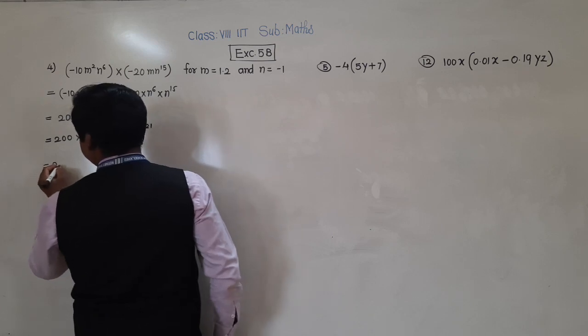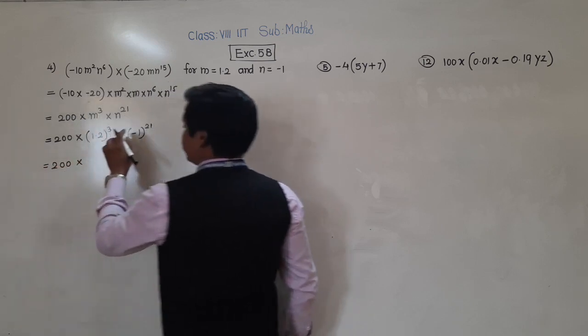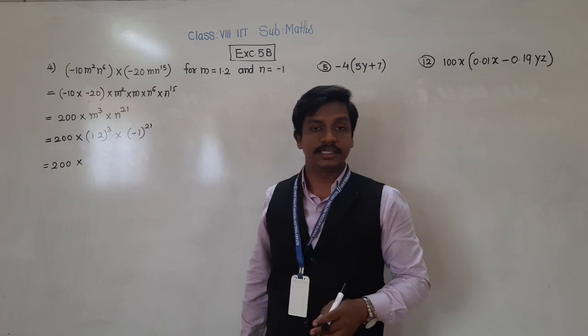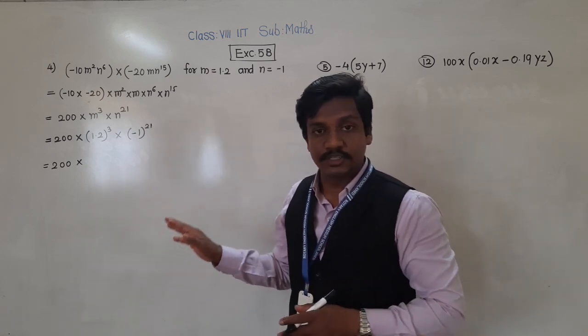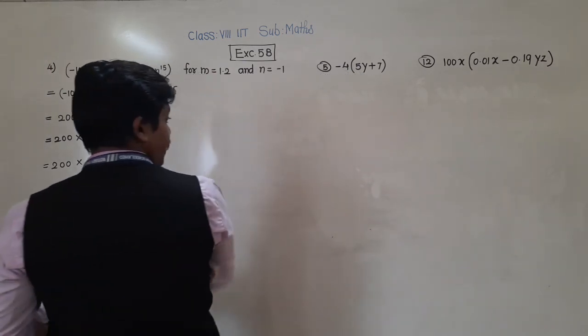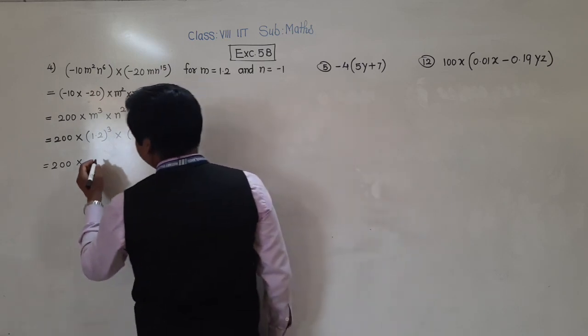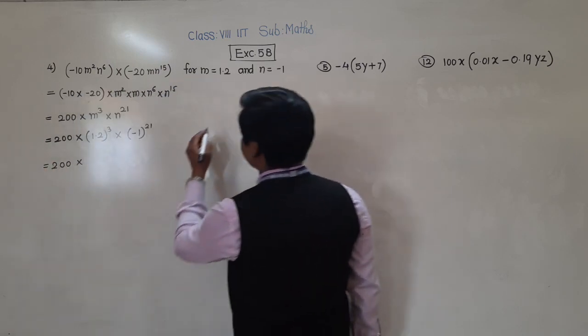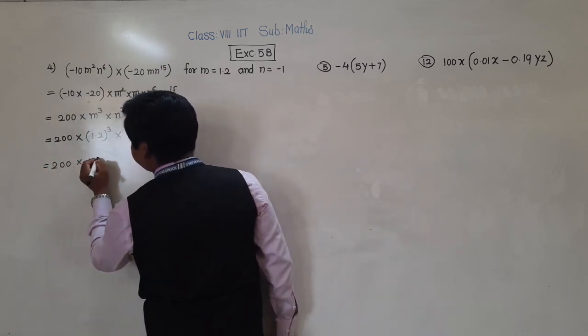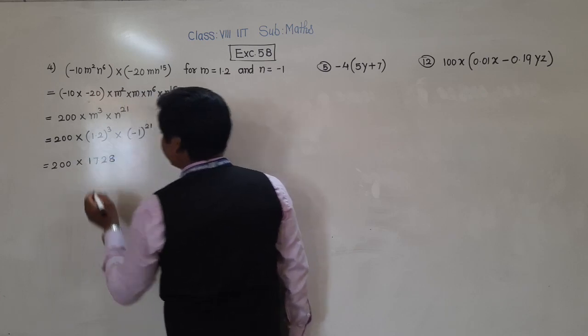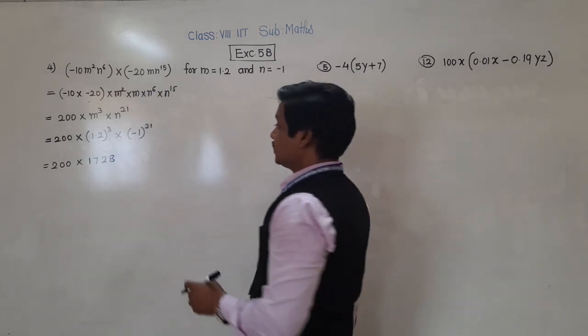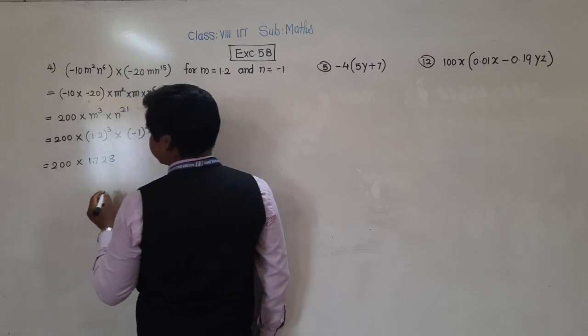That is 200 into 1.2 cube. First find the cube of 12, which is 1728. Cube of 12 is 1728. And where do you put the decimal point? Yes, here before 3 digits.